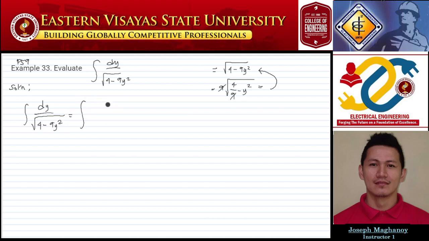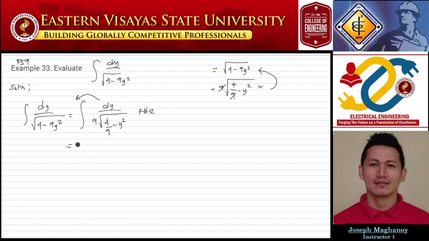So our function, the integral of dy over the square root of 4 minus 9y squared, can be rewritten as dy all over 9 square root of 4 over 9 minus y squared. By this form, we can use our property number 2. We need to carry out a real number constant.